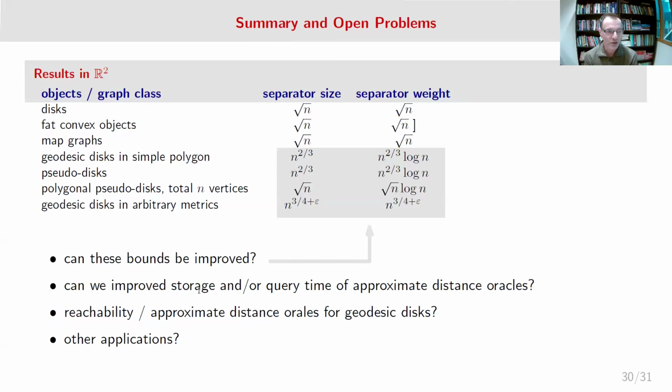Another nice question: if you look at this distance oracle, it gave a new result even for disk graphs, but what we did was very naive and very simple. So the hope is that if you try similar improvements to those used for planar graphs, you can apply similar techniques here and also get improved bounds on distance oracles for intersection graphs.